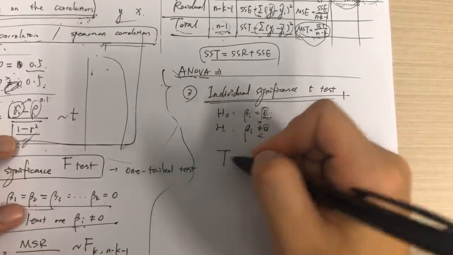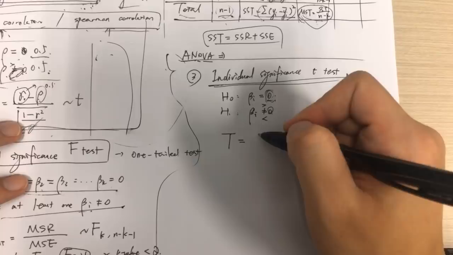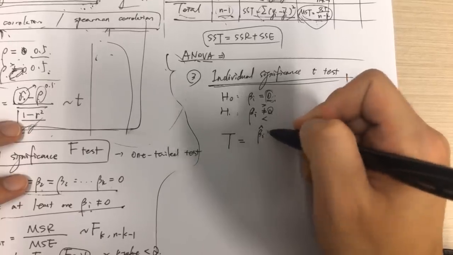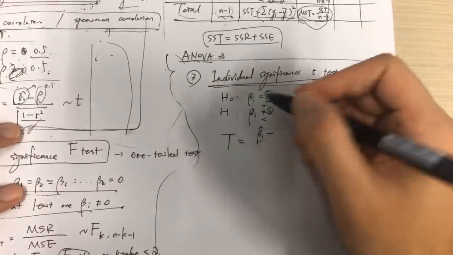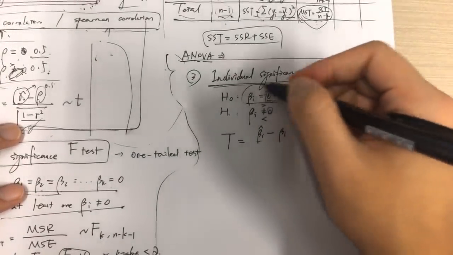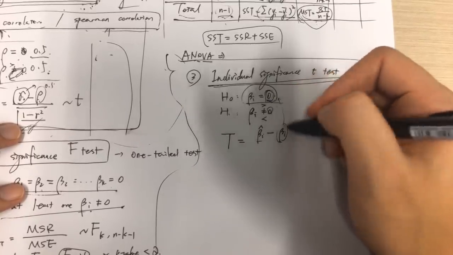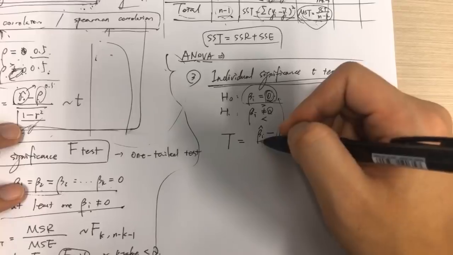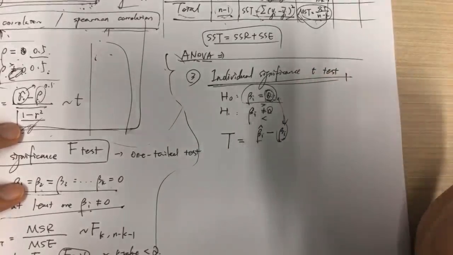And the test statistic t is given by your beta i hat, which is the value you estimated, minus your null hypothesis value of beta i. If beta i is 0, it's just beta i hat. But if it is not 0, you need to plug in different numbers here.